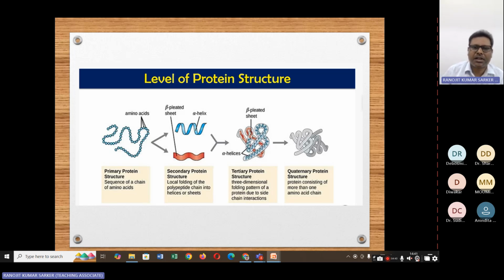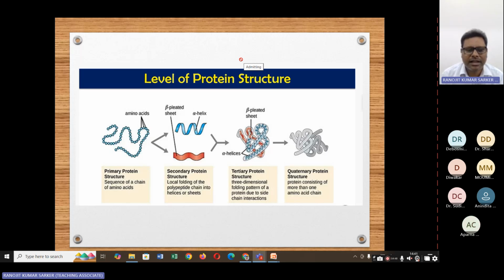If a protein has more than one chain, like you have seen in PDB, chain A, chain B, chain C, then the structural functional unit is the quaternary structure. Otherwise, if a protein has a single chain, you know that the tertiary structure is the functional one. If more than one chain, then the quaternary structure is functional. These are the levels of structure.